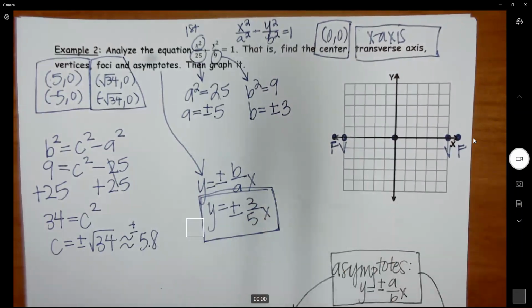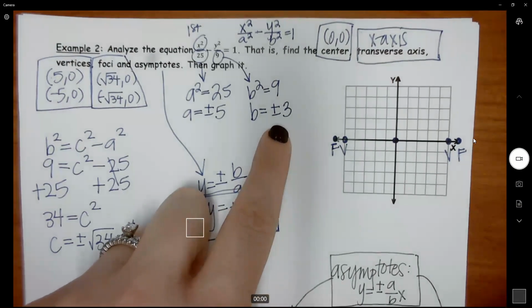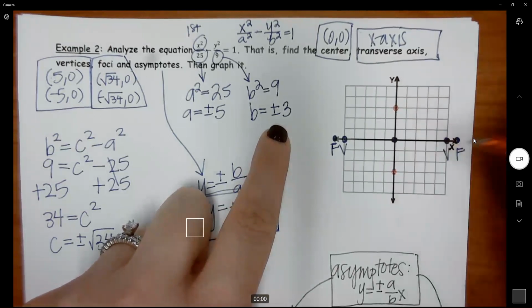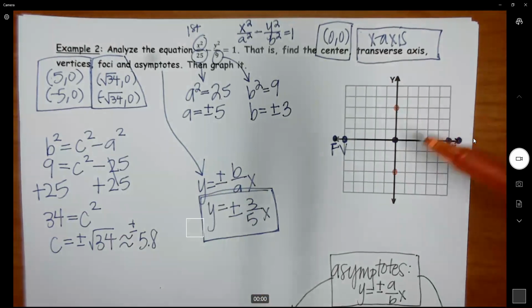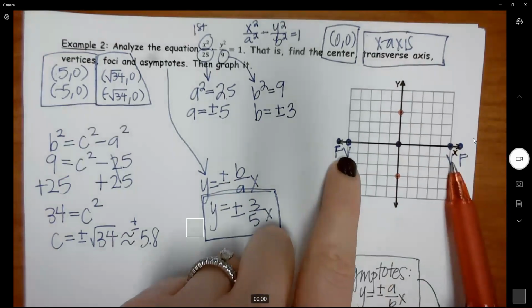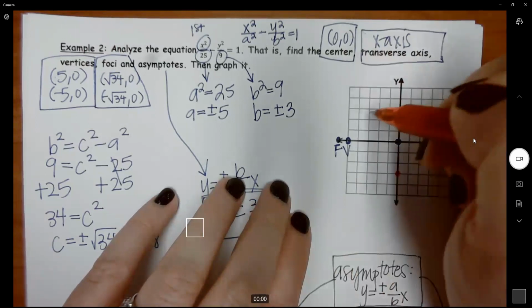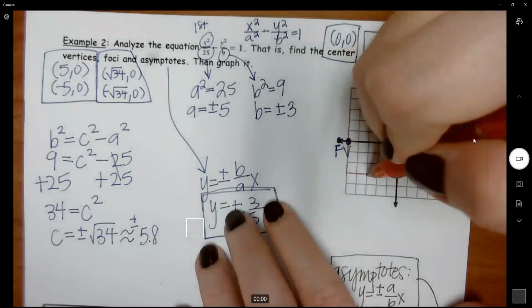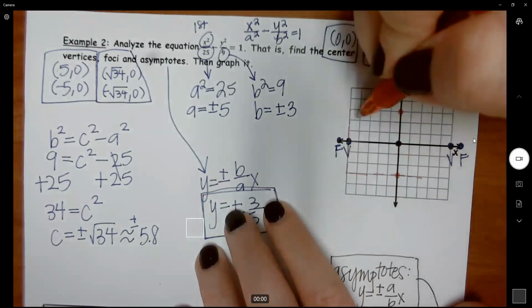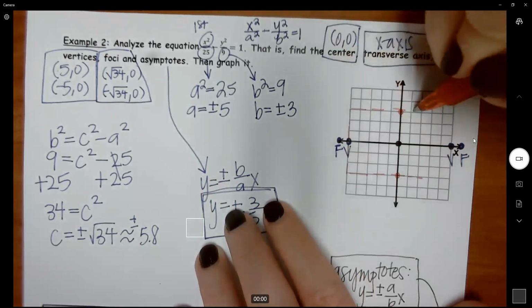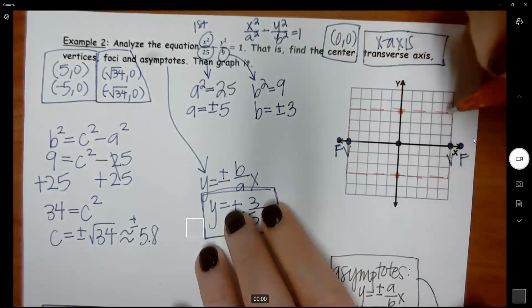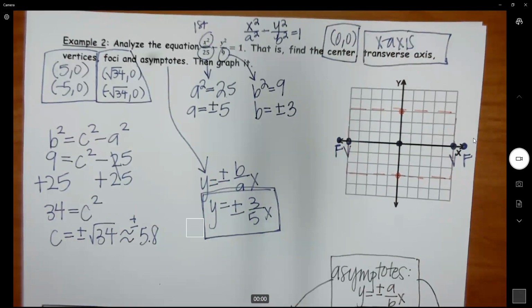The other stuff we need to actually make the shape of this. So I'm going to plot my b, which is up 3 and down 3, and then I'm going to make a box. I'm going to make a box containing these 2 points and my vertices. Right, and those are dashed lines because they're not really part of this.